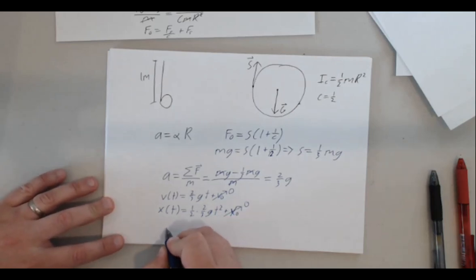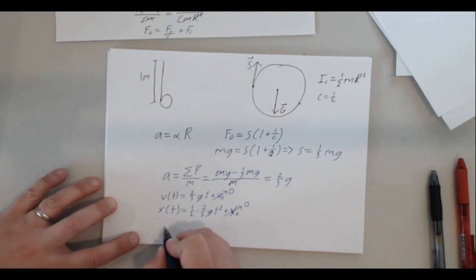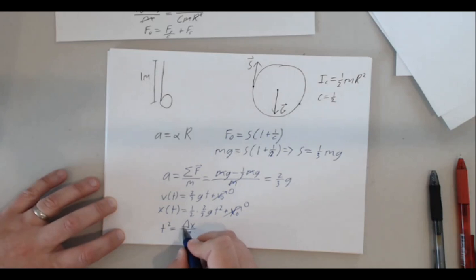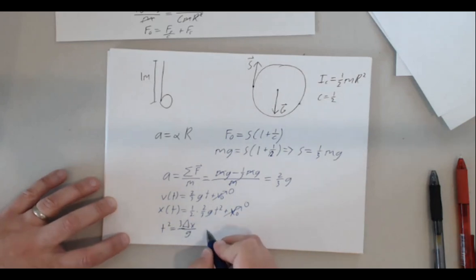So I just solve for t. So t squared is going to be equal to my distance, my delta x over g. And then I'm going to end up with a 3 up here, right?